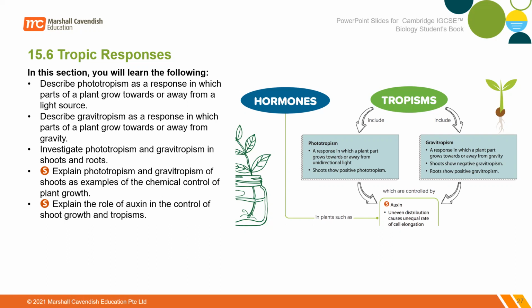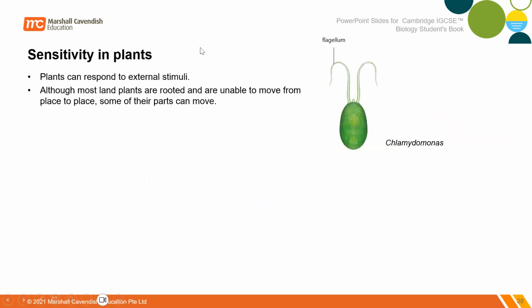خلينا نرجع للتروبيك ريسبونس. طيب بسرعة جدا نبص على التروبيك ريسبونس. التروبيك ريسبونس هو الريسبونس of the plant to the external stimuli. Either plants or any other organism respond to external stimuli.